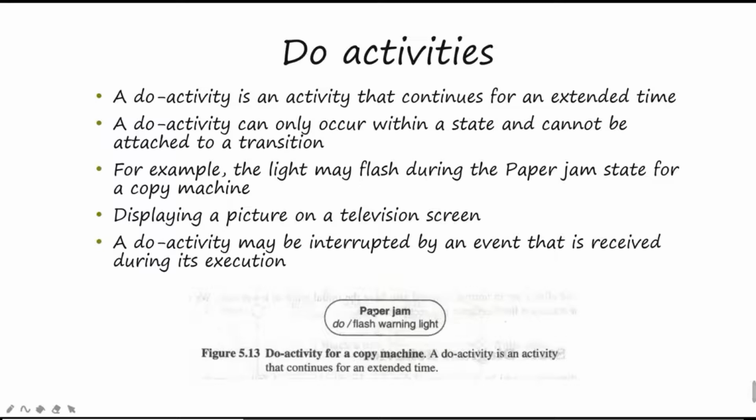That means if the current state is the paper jam, it will flash warning light until the current state changes. For example, until the current state leaves the paper jam.